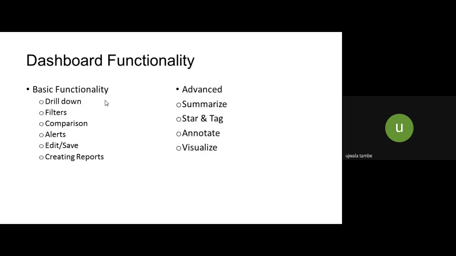Then second is the filter option. As we know, we can use the filter to view and sort the data based on a particular category and values. So basically the filter is used to filter out the data. We can also use this function in Tableau.